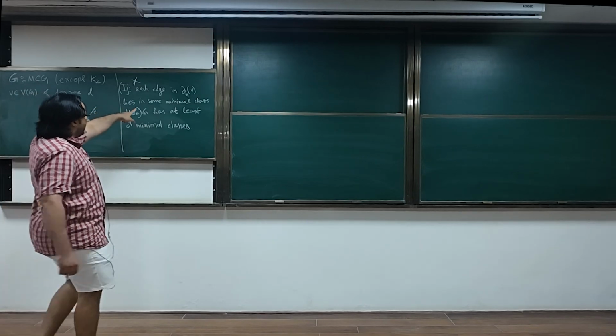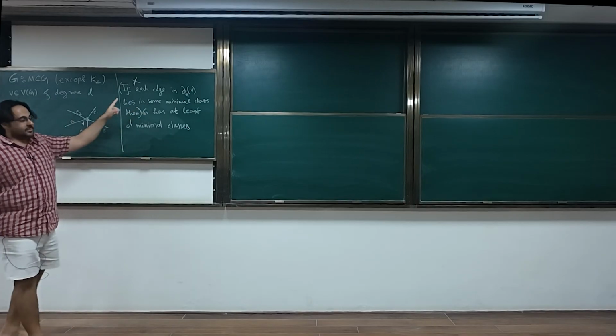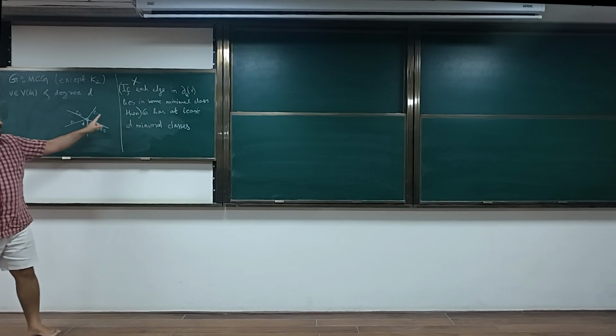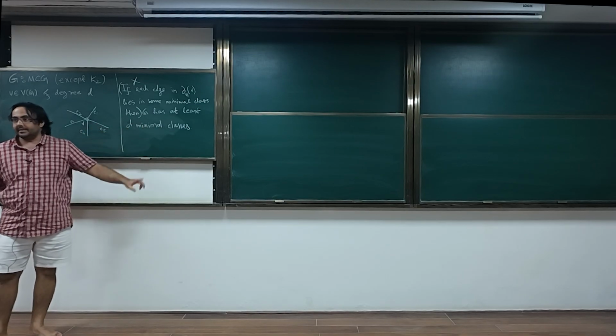I don't want to have any hypothesis. I want to just look at a vertex of degree d, and I want to claim that there are at least d minimal classes in this graph.